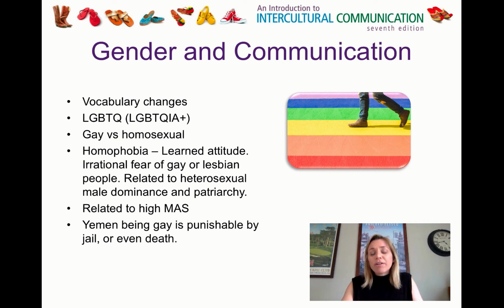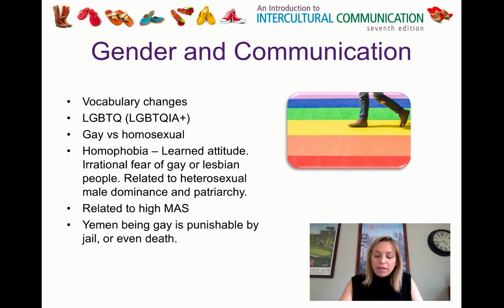So a barrier to intercultural communication would be homophobia. This is a learned attitude, an irrational fear of gay or lesbian people related to heterosexual male dominance and patriarchy. So it's this belief that heterosexuality is correct, along with an irrational fear of gay people. And it is related to high masculinity, as we talked about in the previous slide.